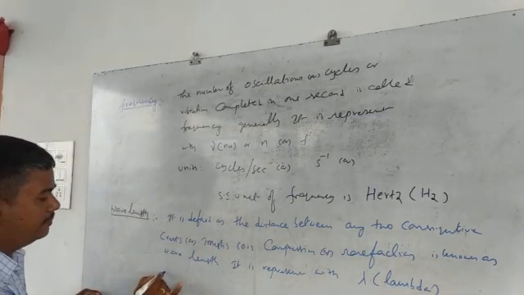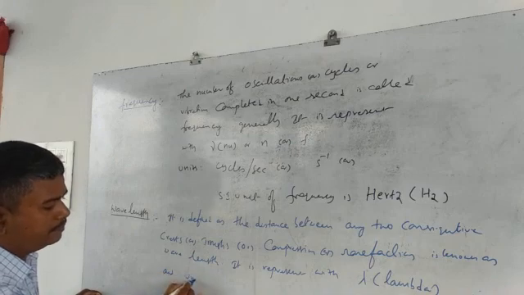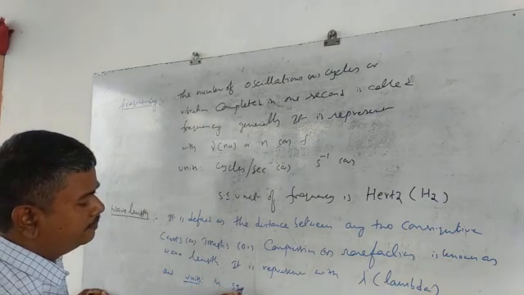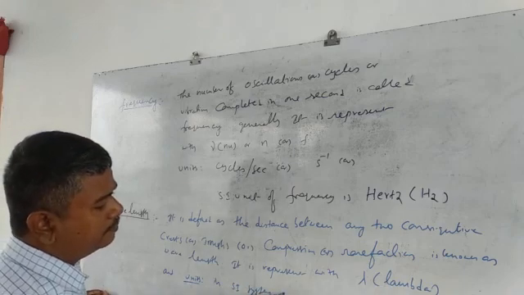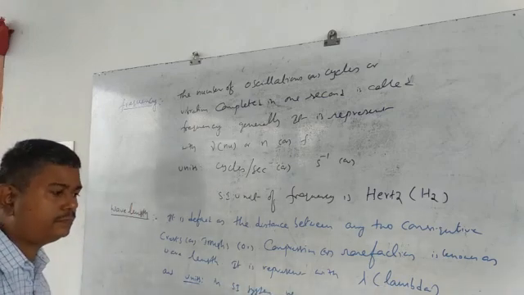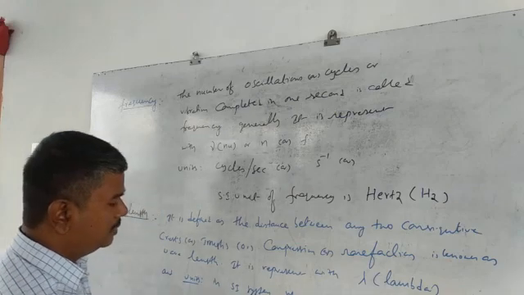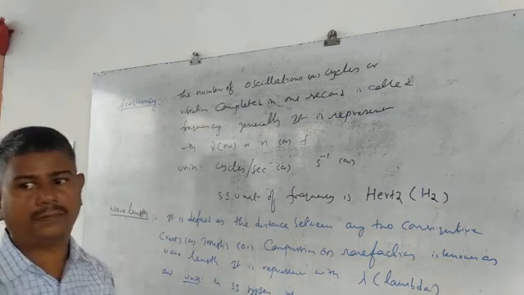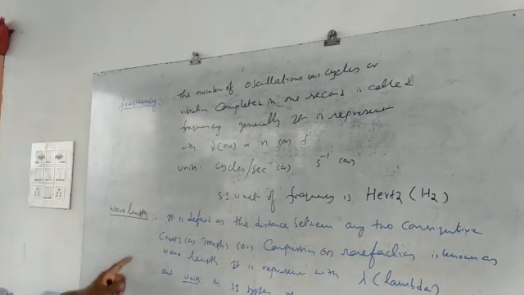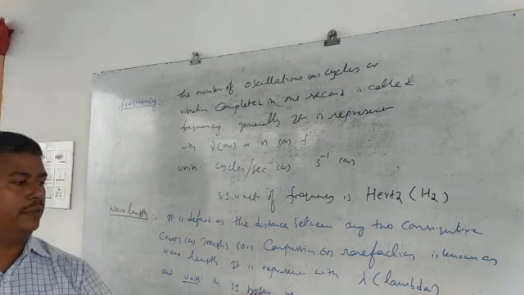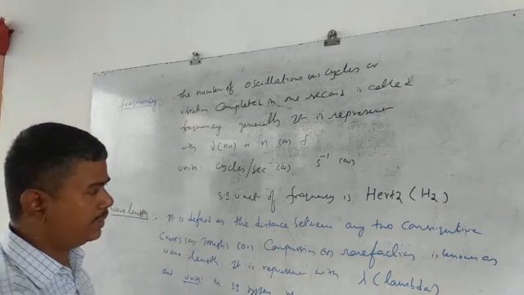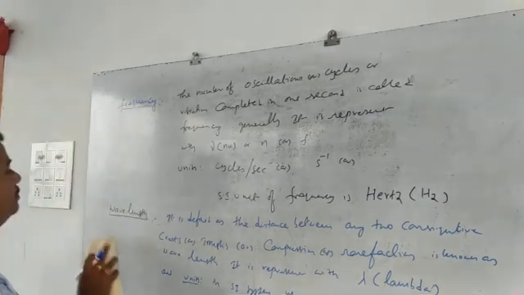The units are, in SI system, meters. In CGS system, centimeters. Okay, clear?